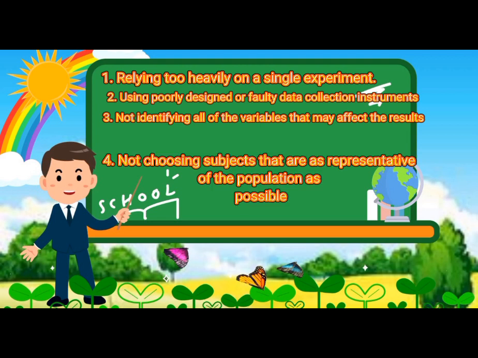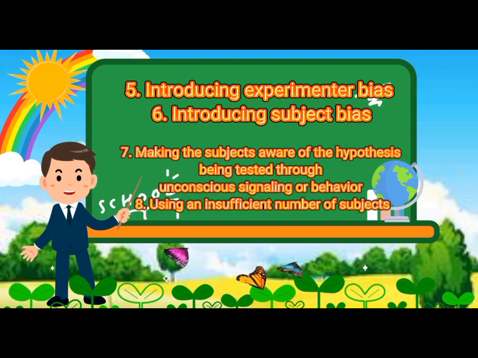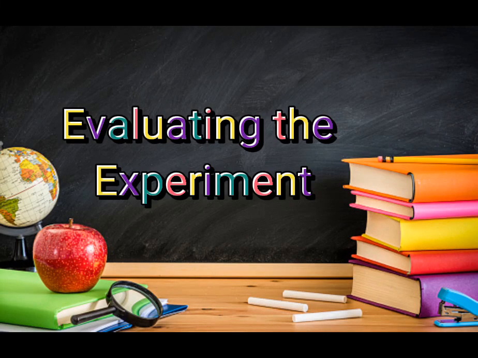Not choosing subjects that are as representative of the population as possible. 5. Introducing experimenter bias. 6. Making the subjects aware of the hypothesis being tested through unconscious signaling or behavior. 7. Using an insufficient number of subjects.